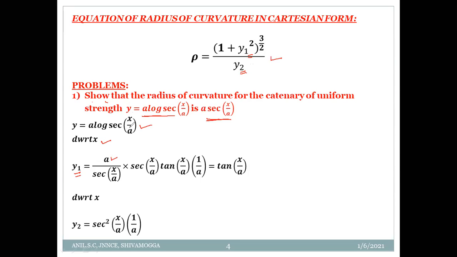Derivative of log secant x by a is 1 over secant x by a, into the derivative of secant x by a, which is secant x by a into tan x by a. Derivative of secant theta is secant theta into tan theta. Now the derivative of x by a is 1 by a.